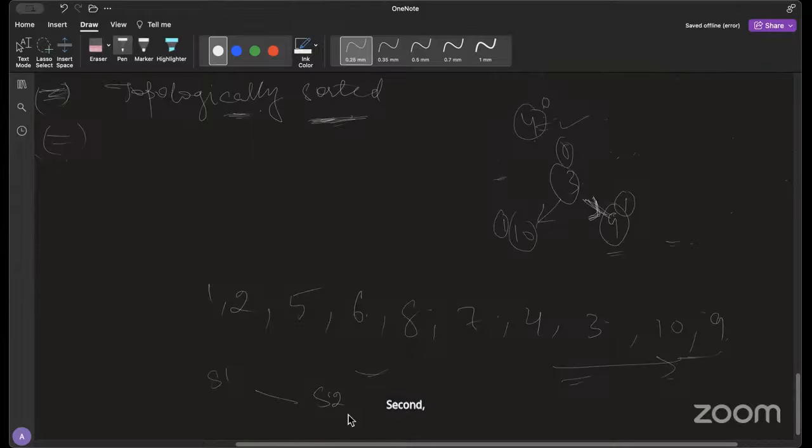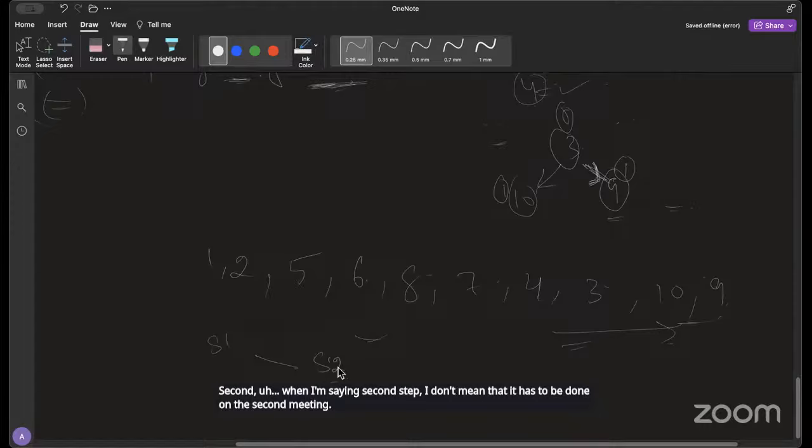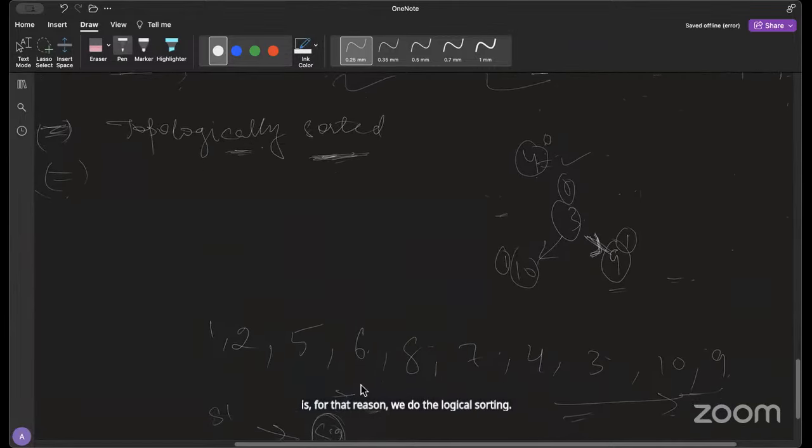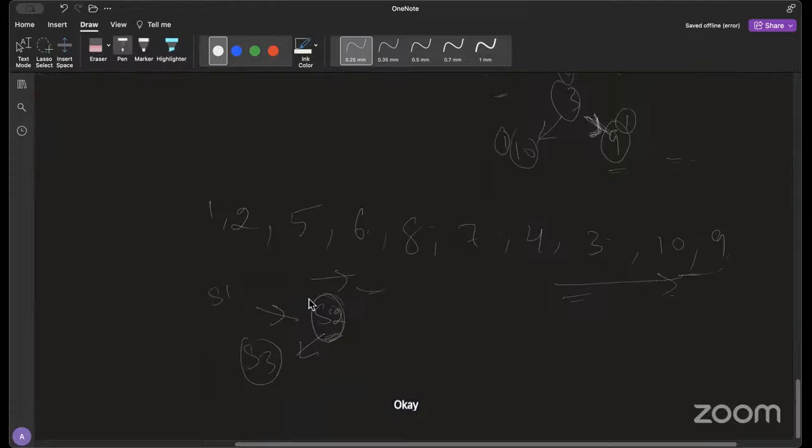When I'm saying second step, I don't mean that it has to be done in the second place; I'm just numbering the steps. If step 1 is required to start with step 2, or step 2 is required to start with step 3, then to decide what order I should go in, we do topological sorting.